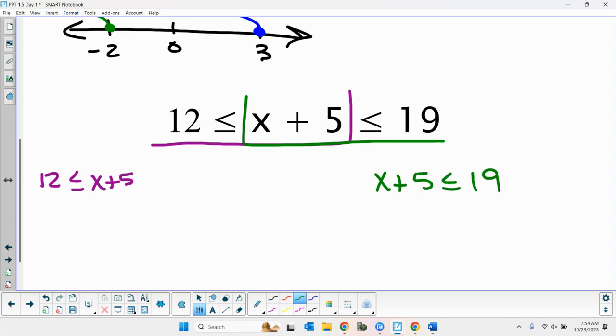When they're less than, always put a D on the end. That makes it an "and" problem. If it was greater, instead of saying "er," I go "or."